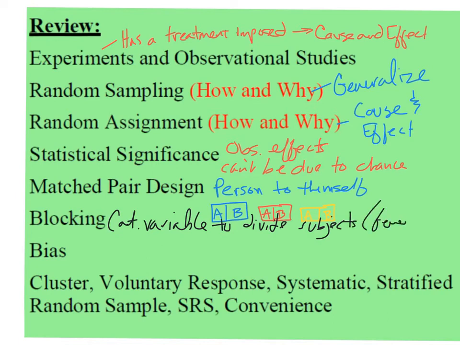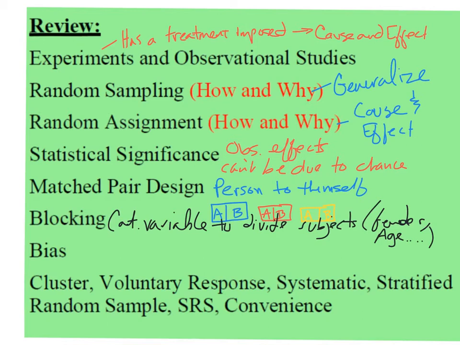This is a common one. Gender, or age, or weight, or height, or something. You say, well, I think that this new blood pressure medication might affect men and women differently. So I'm going to block by gender. I'm going to put the men in one room, the women in the other, and then I'll use random assignment to get my treatment and control groups in each gender.